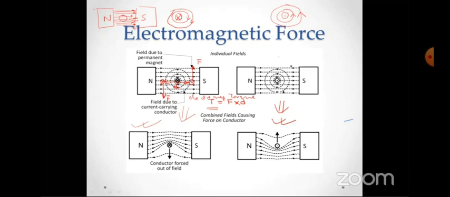Now, if I have a conductor in between, then also the flux lines will pass from the north pole to the south pole in straight lines. But if the conductor carries some current, then things will be different. Suppose the conductor placed between the north pole and south pole carries some current.